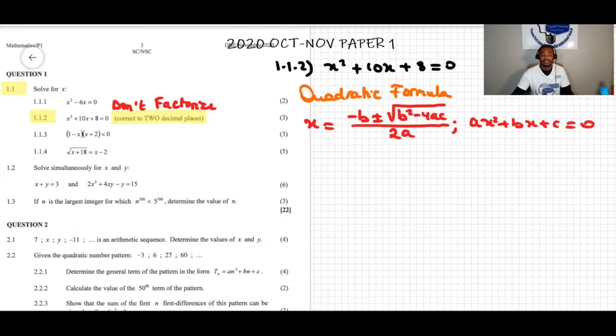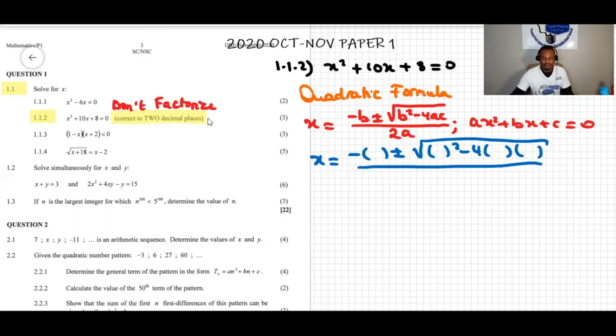Now I'm going to write x equal to minus b plus minus square root of b squared minus 4ac all over 2a.